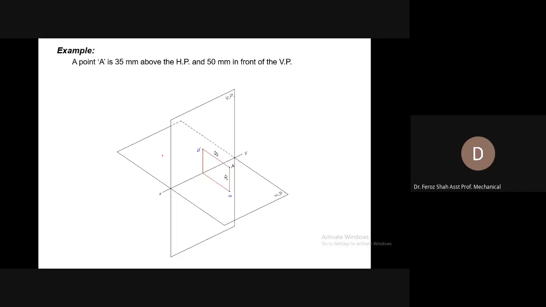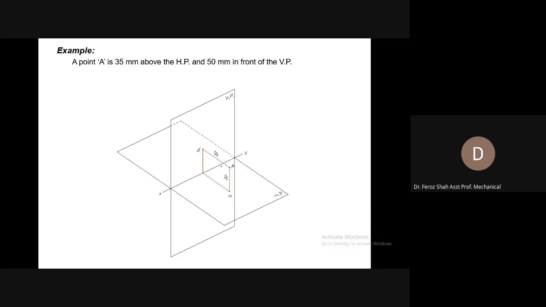You will understand the relative position of the point with its given description. For example, a point A is 35 millimeter above the horizontal plane and 50 millimeter in front of the vertical plane.